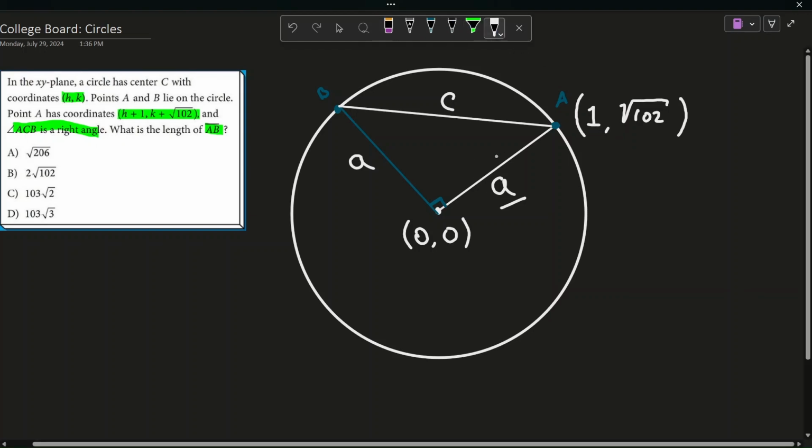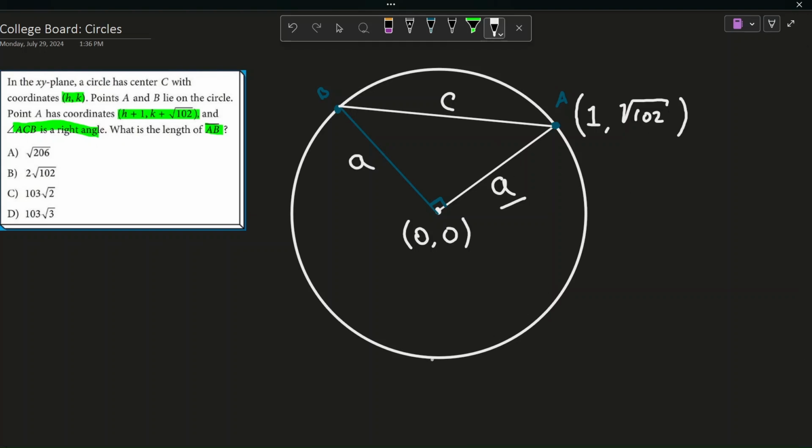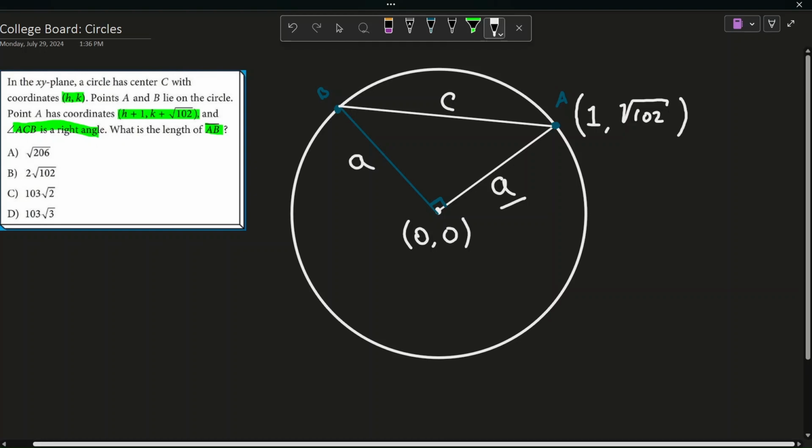All right, so now we can find the value of A by using the distance formula. And the distance formula is as such. It is the square root of x1 plus x2 squared plus y1 plus y2 squared.